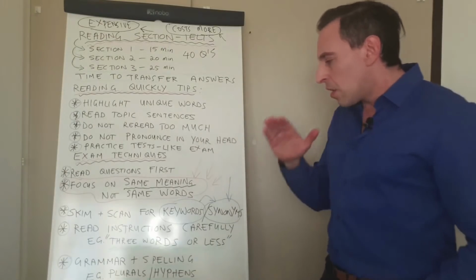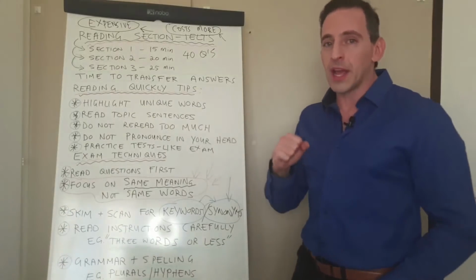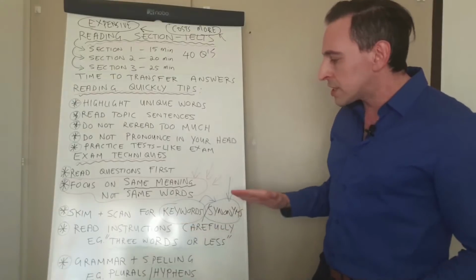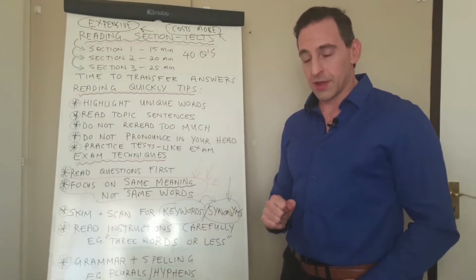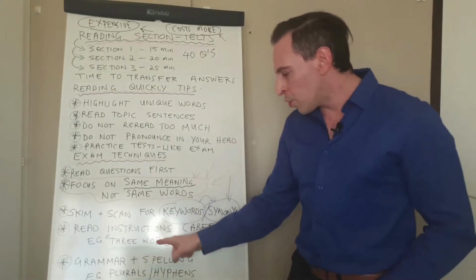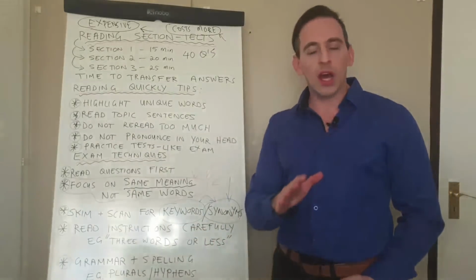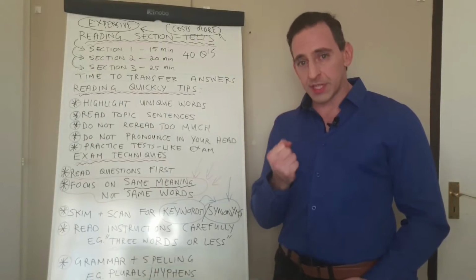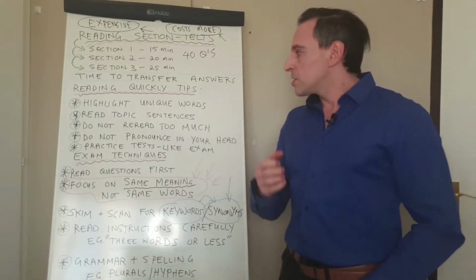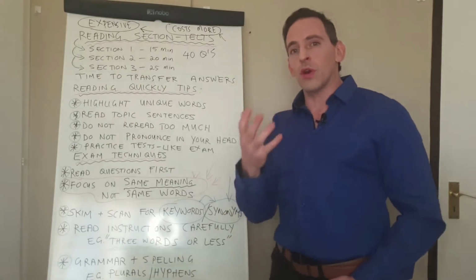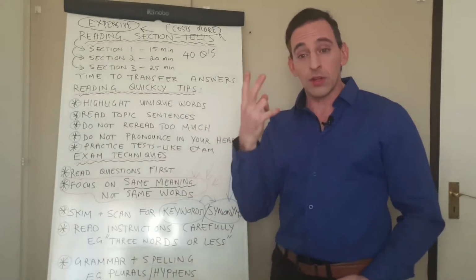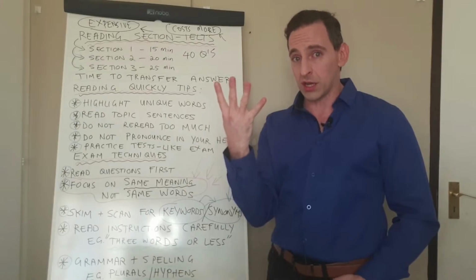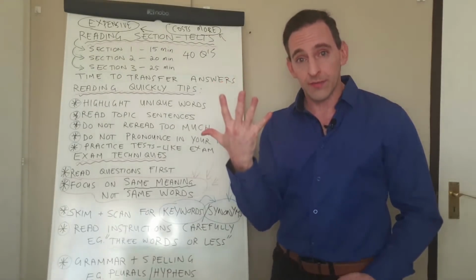The next tip, also such a common error that people make. Read the instructions carefully. If it says 3 words or less, do not give 4 words. It is such a common mistake that people make. So, for example, if the word is the dog's house, those are your 3 words, not the house of the dog, which is 5 words.